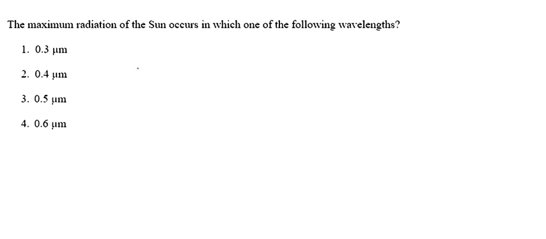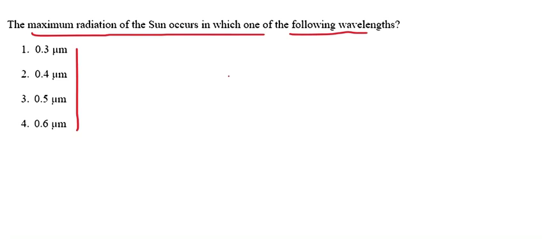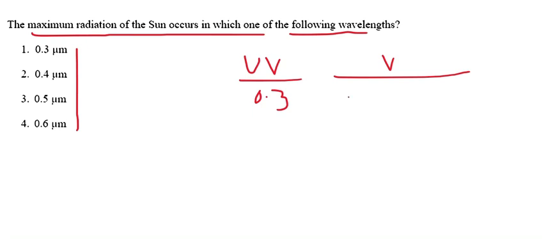So now if we look at this question, the maximum radiation of the sun occurs in which of the following wavelengths? Okay. Most of the wavelengths are talking about UV and visible. This 0.3 is related with the UV, and in the visible band we have 0.4 to 0.7. 0.5 is here and 0.6 is here.